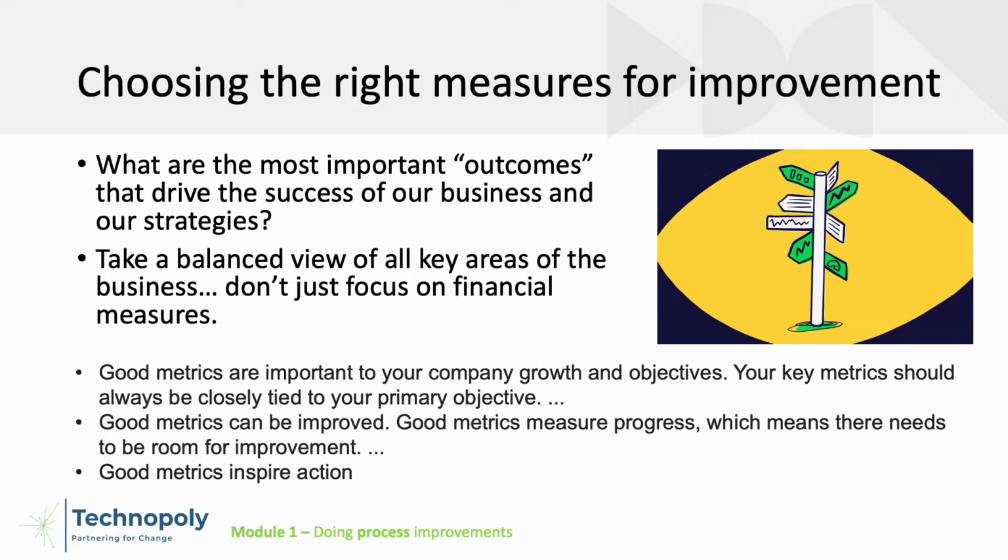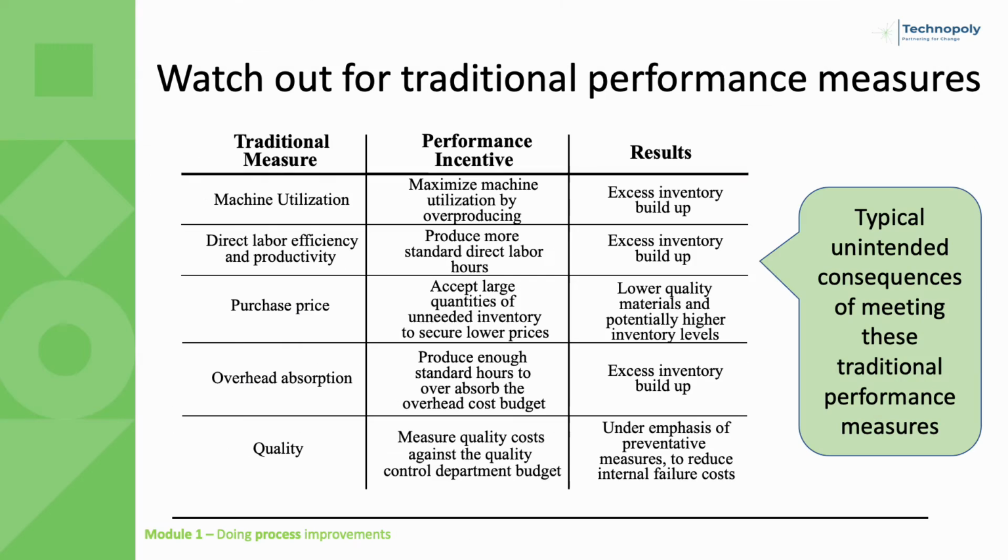To find out what the right measure is, it's important to ask questions like, what outcome are we after? What results are you after when you drive your improvement? It might require you to look at other measures and how you can actually influence them. Take note that good metrics are ones that truly measure the growth of the business.